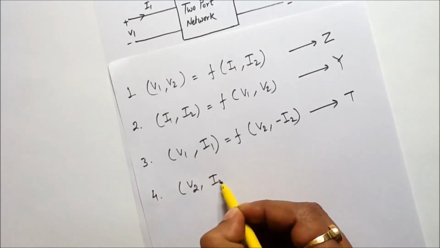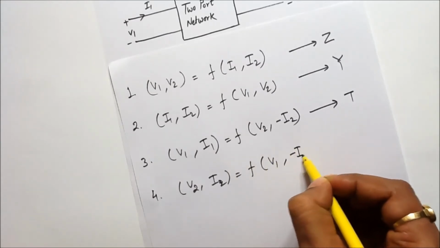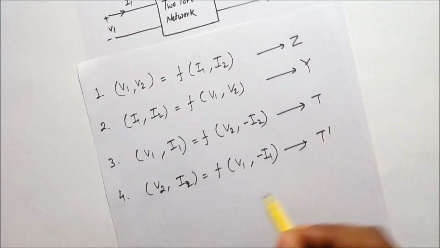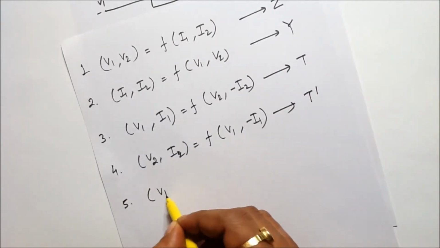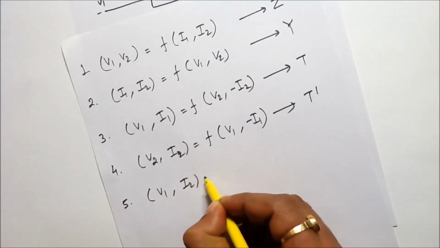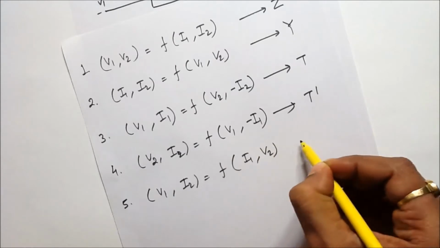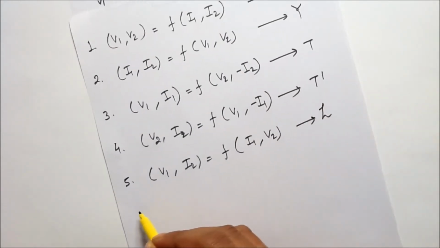V2, I2 is the function of V1 minus I1. This equation is related with the T dash parameter. V1, I2 is the function of I1, V2. This equation is related with the H parameter.